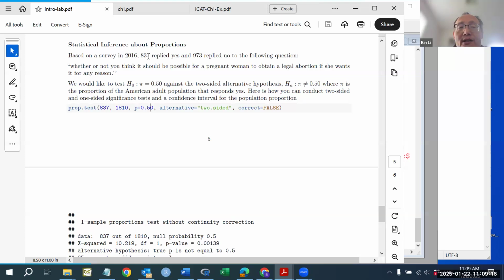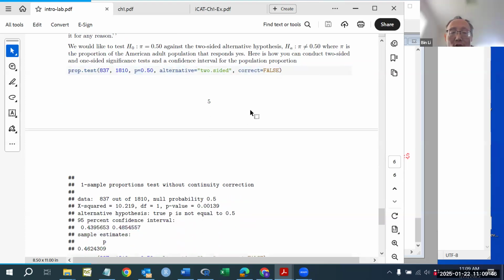We have 837 who replied yes and 973 who replied no to this question. And we want to test pi equals 0.5 against pi not equal to 0.5. So we can use prop.test to test it.